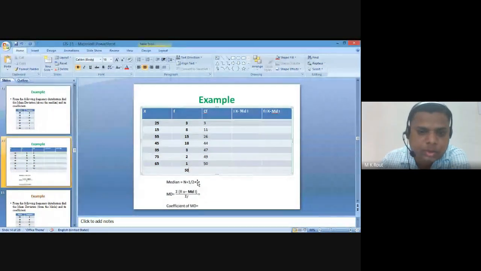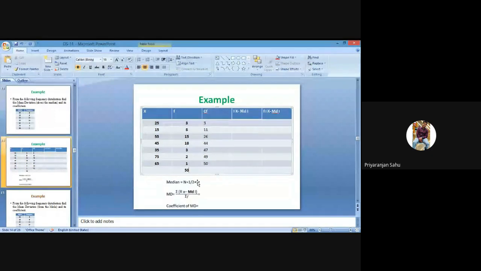So which one is your median value? Anyone? 26.